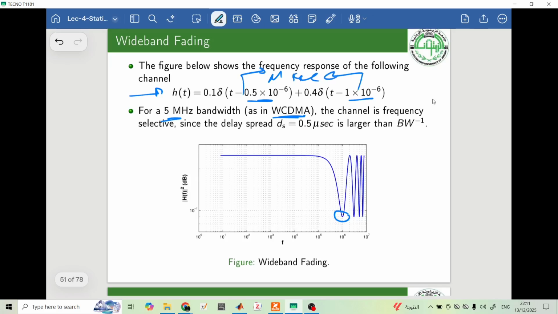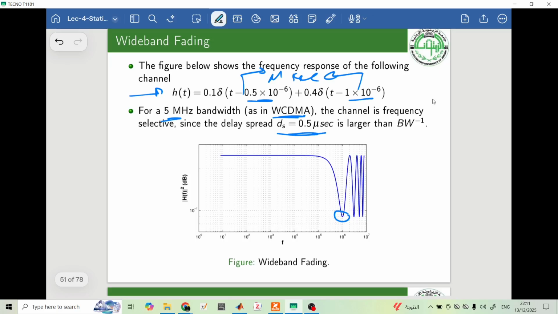So the first delay is half a microsecond, whereas the second delay is 1 microsecond. See now, we have a delay spread of 0.5 microsecond, right? So clearly we can expect to have two symbols arriving at the receiver, which we can distinguish from each other.